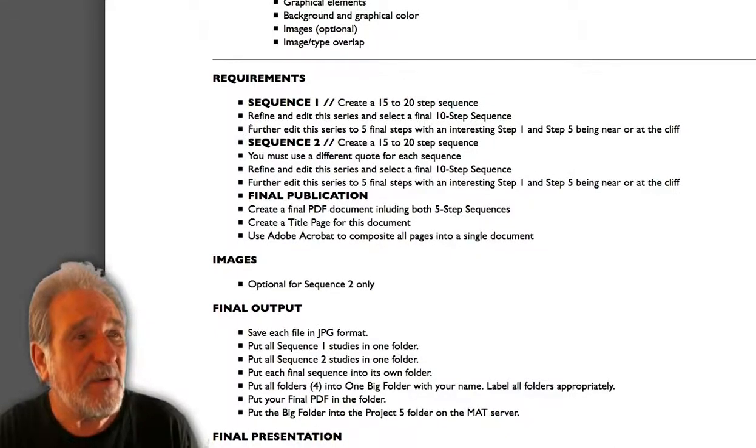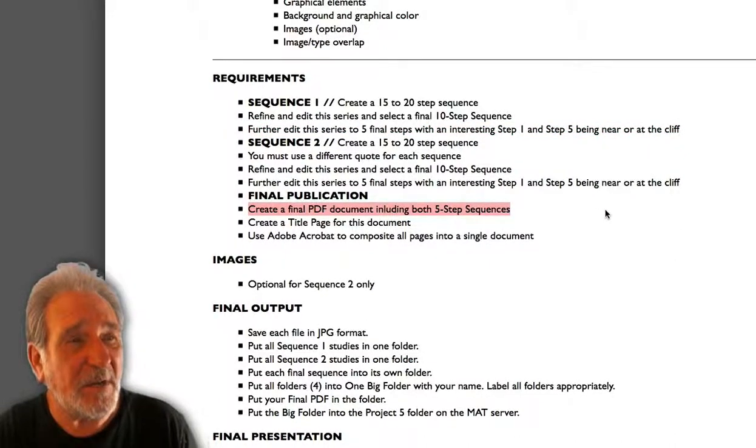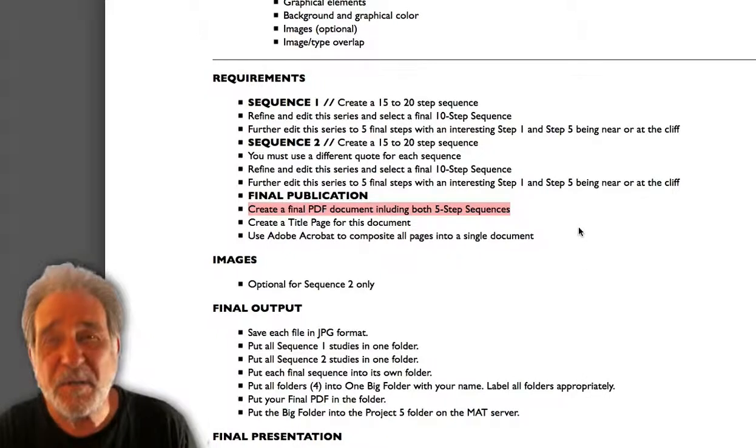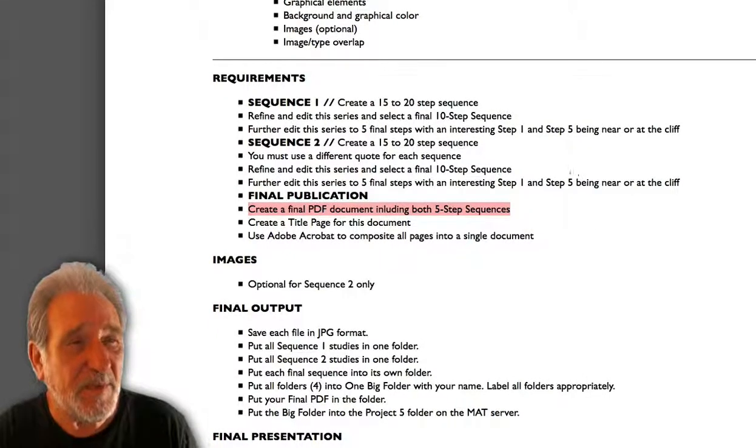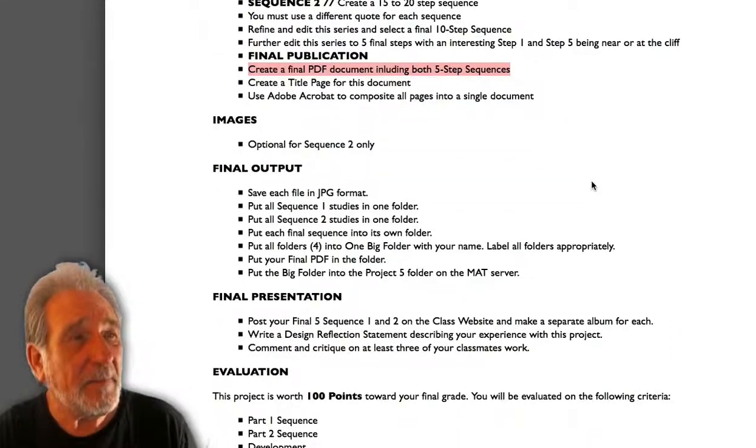Okay, and then we will finally edit that down to 5 final steps, like I said, and we'll tighten all those up using alignment and proximity and really make them look really cool. As well, we're going to be creating a final PDF document, and I'll talk more about that in the specs for sequence 2 because we'll be closer to the end. You'll be saving everything as a JPEG.